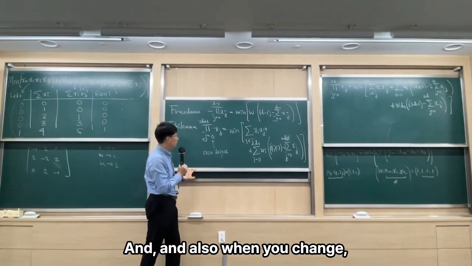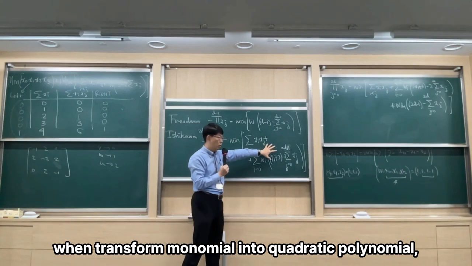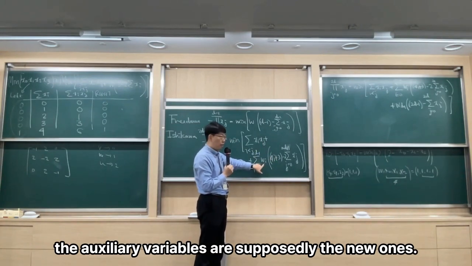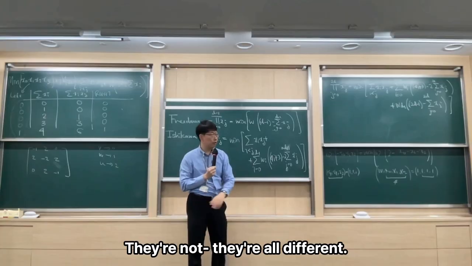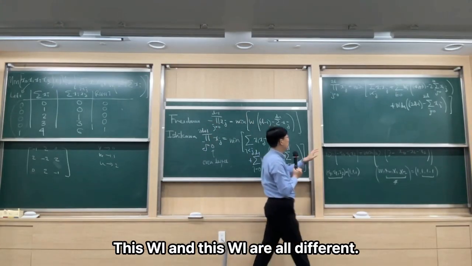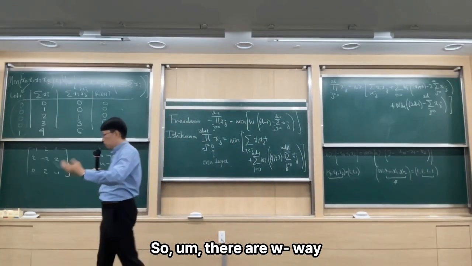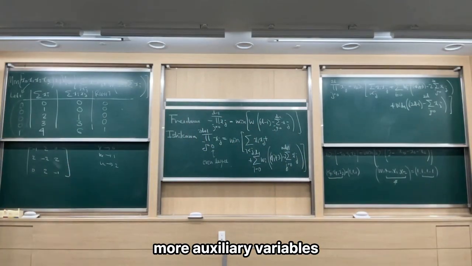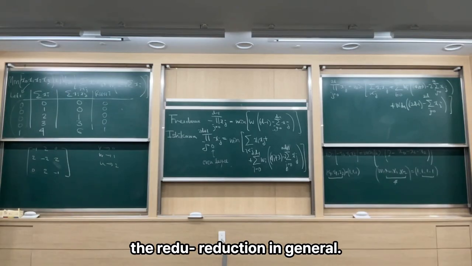And also, when you transform a monomial into a quadratic polynomial, the auxiliary variables are supposedly new ones. They're all different. So this w_i and this w_i are all different. So there are way more auxiliary variables than the actual variables x_i when you do the degree reduction in general.